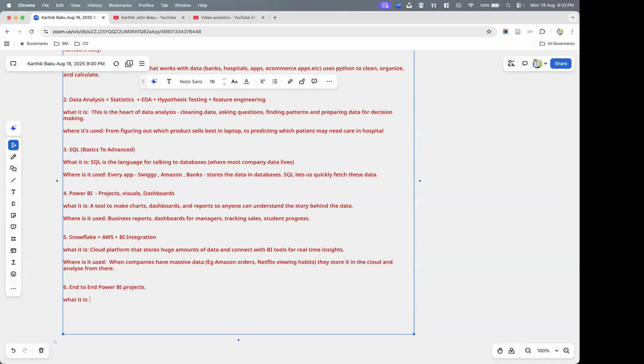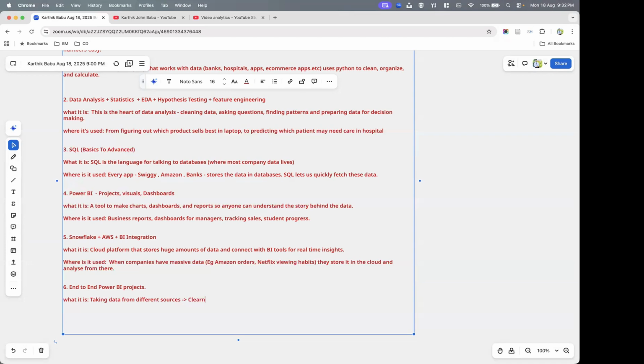Here we are taking data from different sources, not only from one source. It could be Excel data, a CSV file, an API that we fetch from, or a database that we connect to and take the data from.